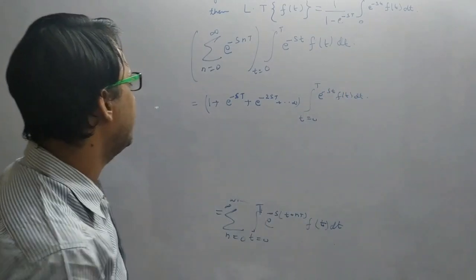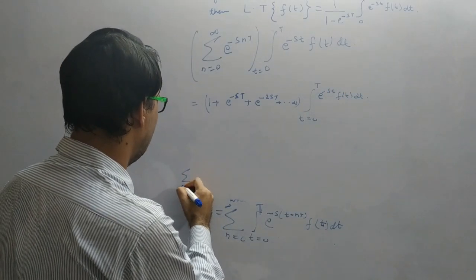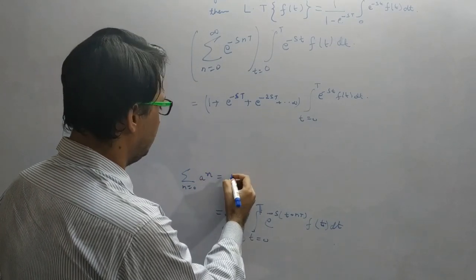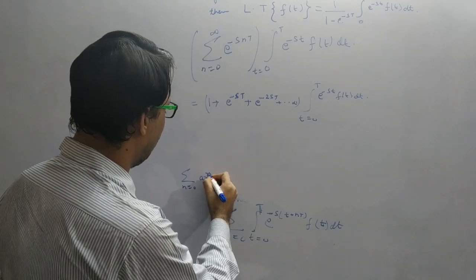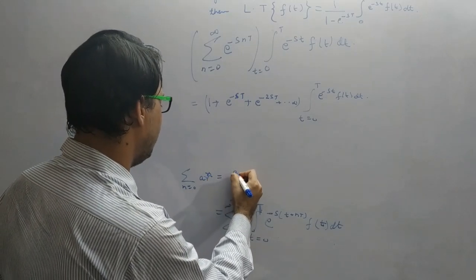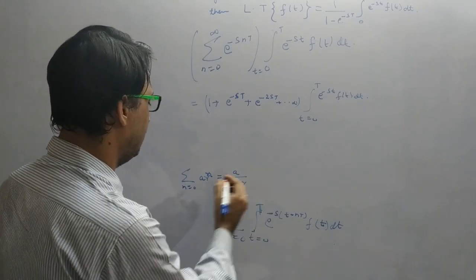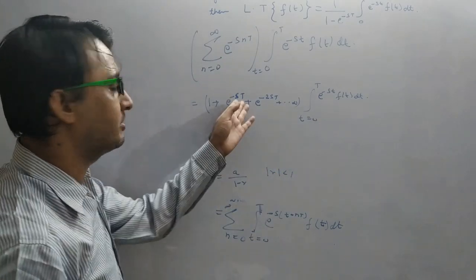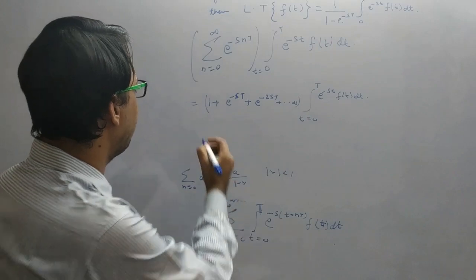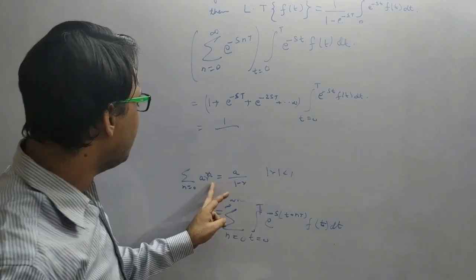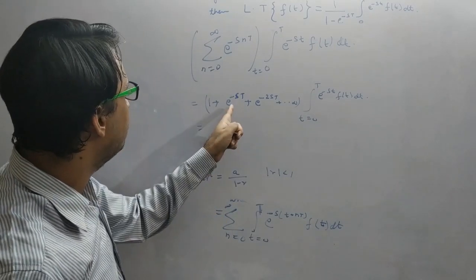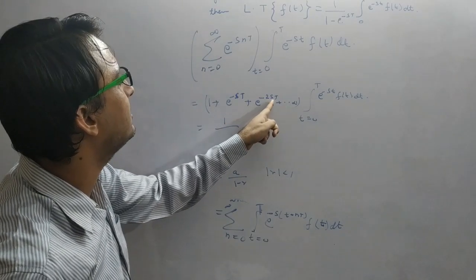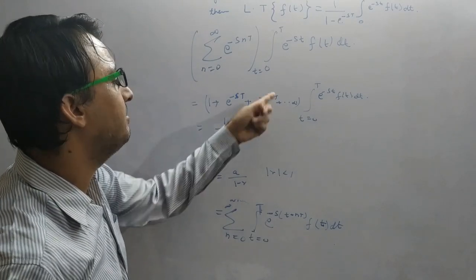And we know that for any geometric progression, the sum from n equals 0 to infinity of a r to the power n is equal to a by 1 minus r, where mod r is less than 1. So this completely follows the property. Our first term is 1 and r is the common ratio, that is, e to the power minus sT. If we divide e to the power minus 2sT by e to the power minus sT, it becomes the same again.